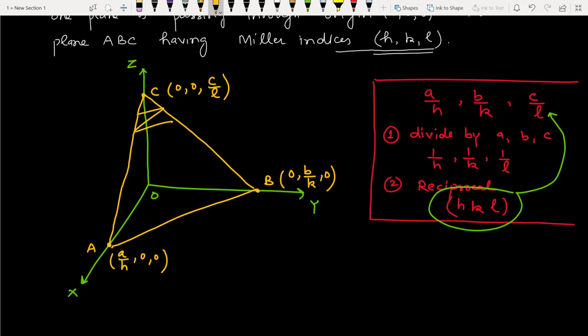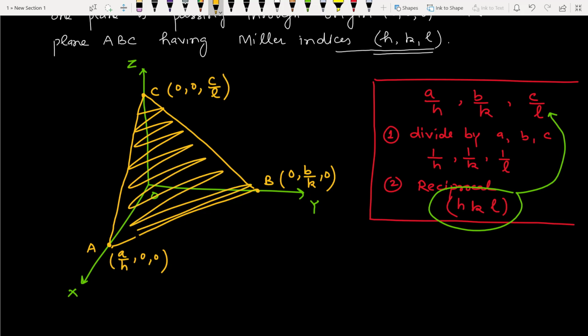So this plane is the required plane having Miller indices HKL.